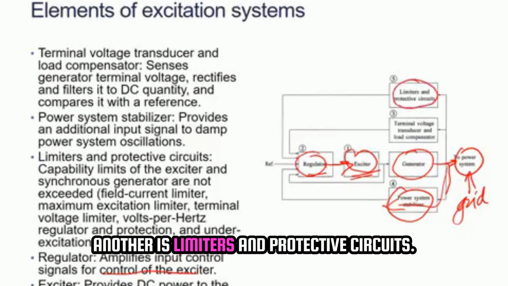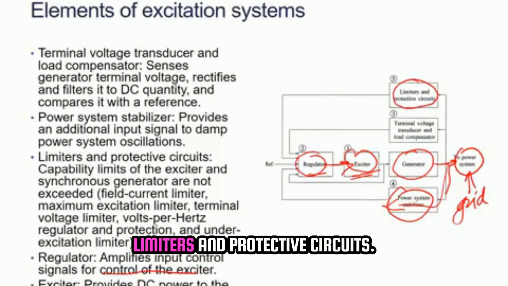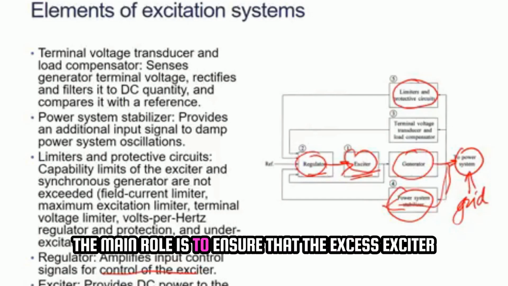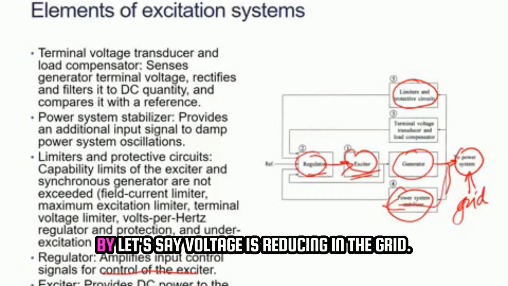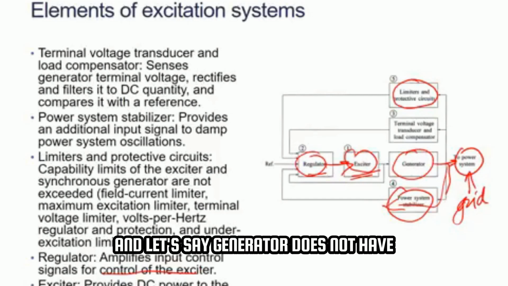Another is limiters and protective circuits. Their main role is to ensure that the exciter and generator themselves do not get damaged. Let's say voltage is reducing in the grid, and the generator does not have the capability to supply that voltage.